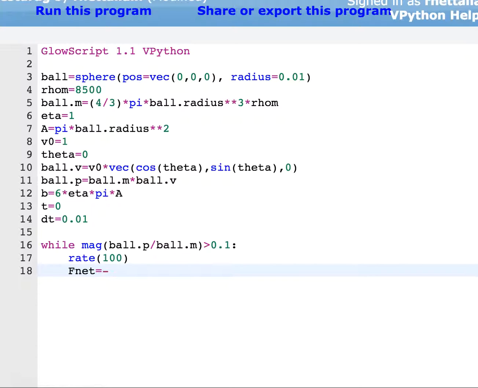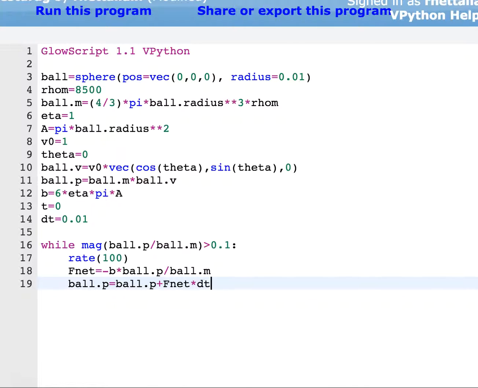So it's going to be just negative B times the velocity, but I'm not dealing with velocity, I'm dealing with momentum. So I can say ball.p divided by ball.m. You may think I'm crazy for doing that, and that's fine, but trust me, it's a little bit better. So I calculate the force in each step. Now I can calculate the new momentum, ball.p plus f net times dt.